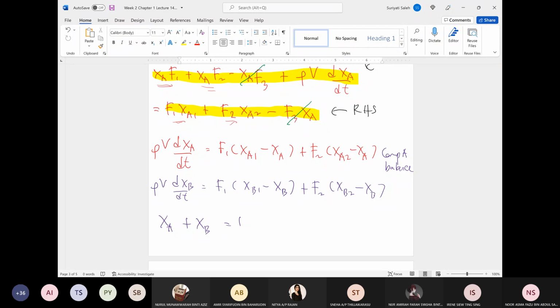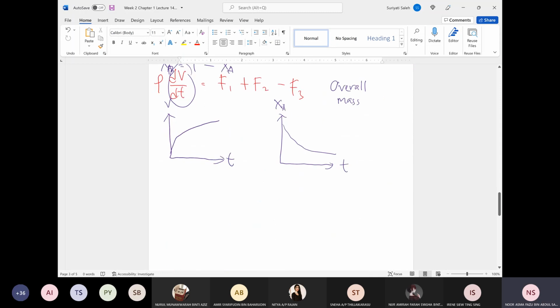The first approach is to derive it like what you did for the component A balance, so you will get the mathematical model for component B. Or, we can use the relationship of the mass fractions where XA plus XB equal to 1. By having this, we can obtain how the mass of A and mass of B change against time. So this has been completed.